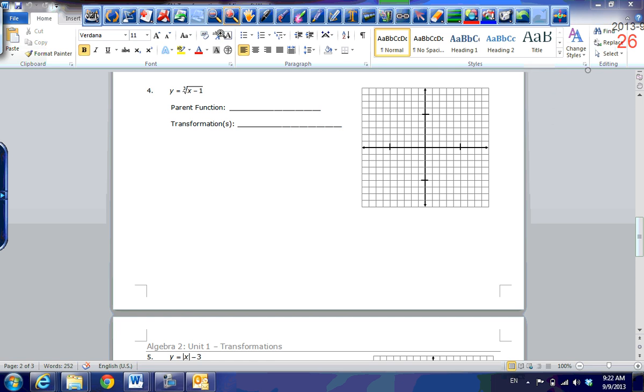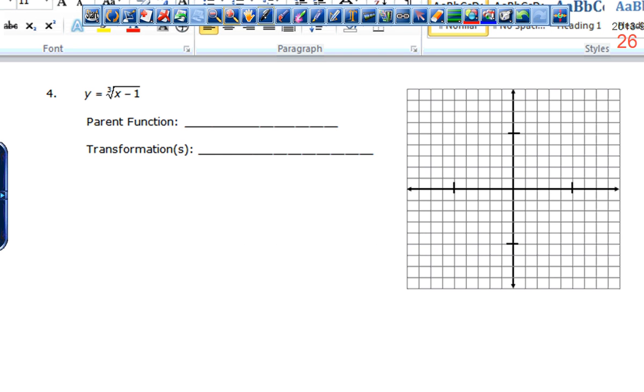All right, what's the parent function? Well done, yeah, cube root. So y equals the cube root of x. That one has our points at 0, 0, 1, 1, 1, -1, 8, 2, and -8, -2.